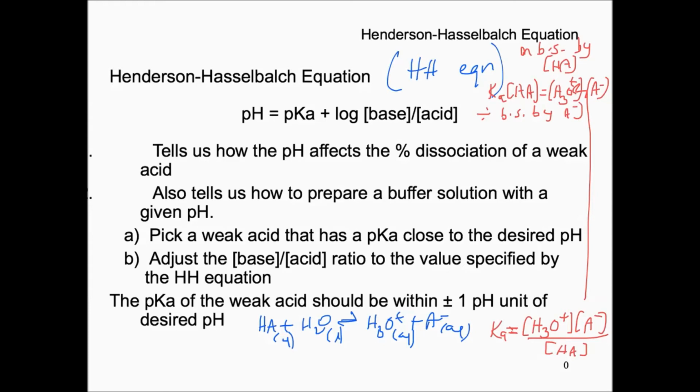That would give you Ka times HA divided by A minus is equal to hydronium. Okay, and now we are going to take the negative log of both sides.